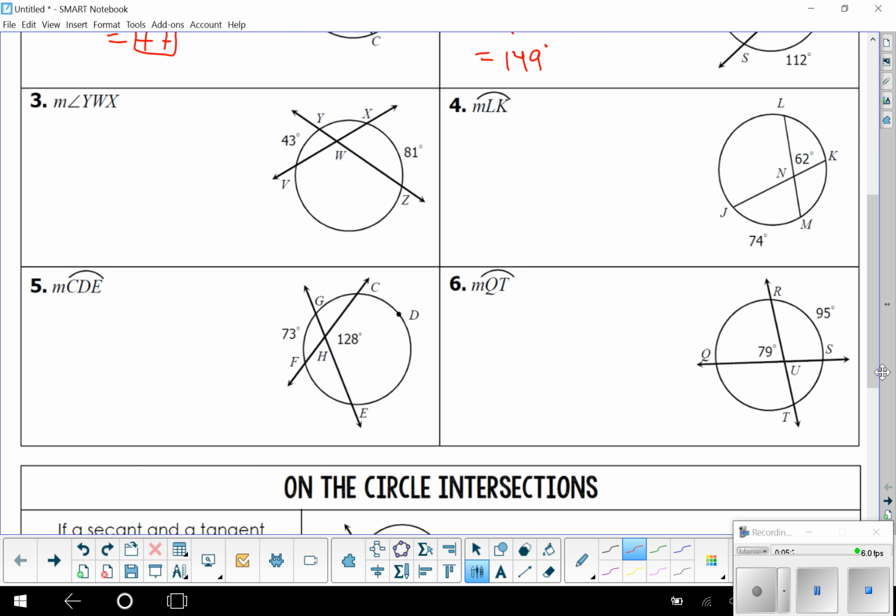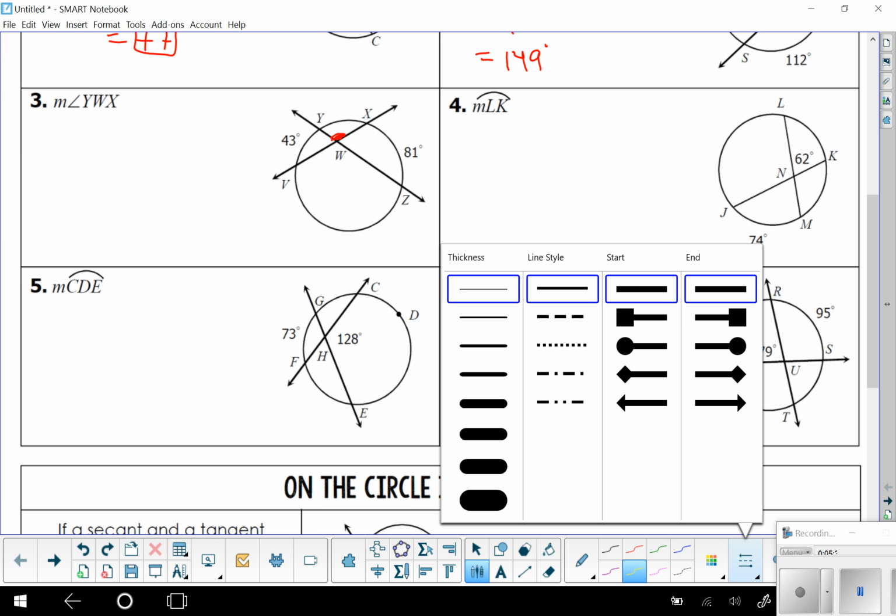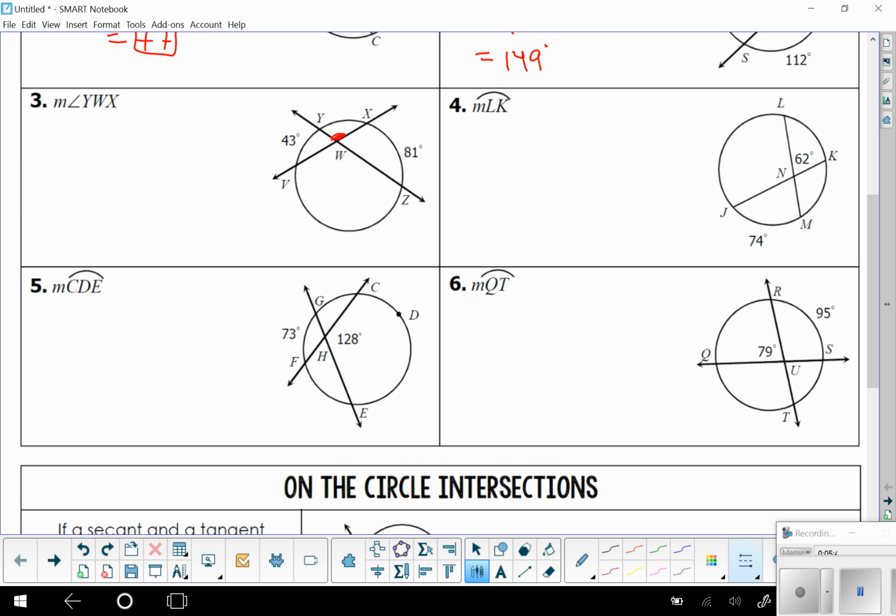Number 3, the measure of YWX. So we want this one right here. I want you guys to notice that we don't have these. We want these two right here. We need to get those two. But I also want you to notice that this is a semicircle.